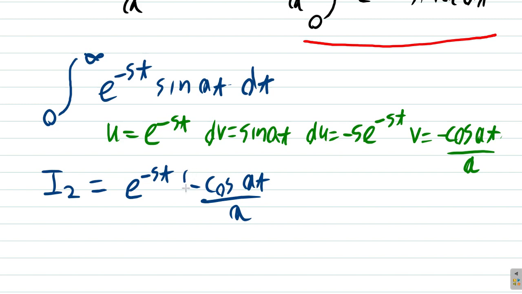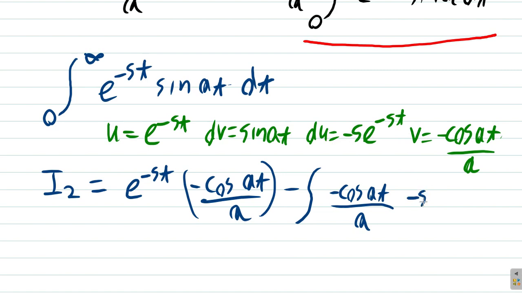Let's put this in brackets so that it doesn't seem as if we're subtracting, minus the integral of v, which is negative cos at over a, times du, which is negative s e to the negative st.